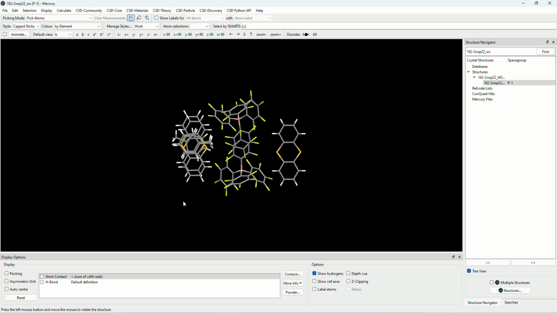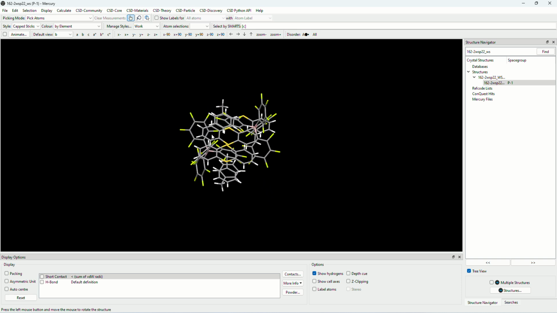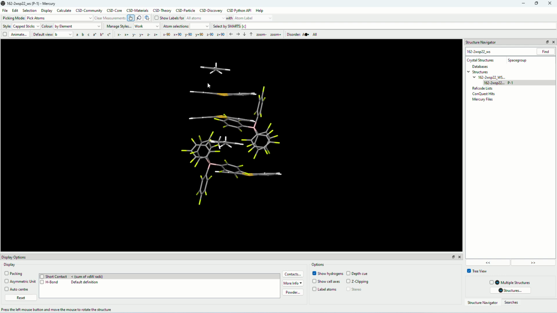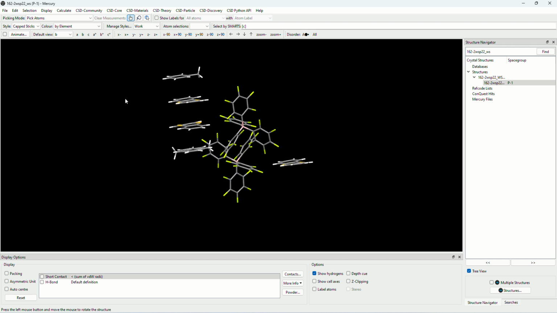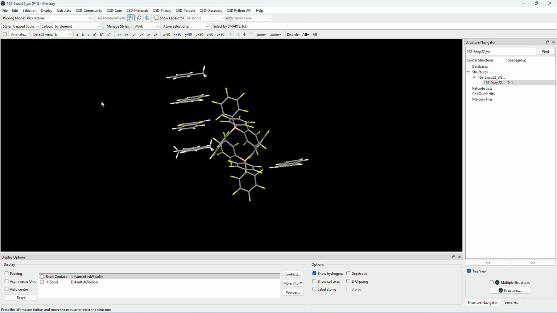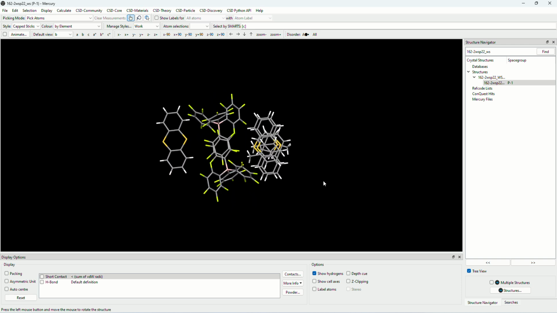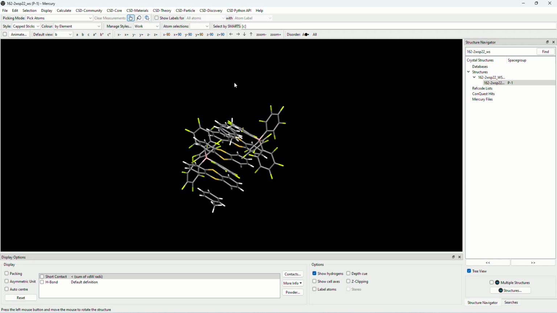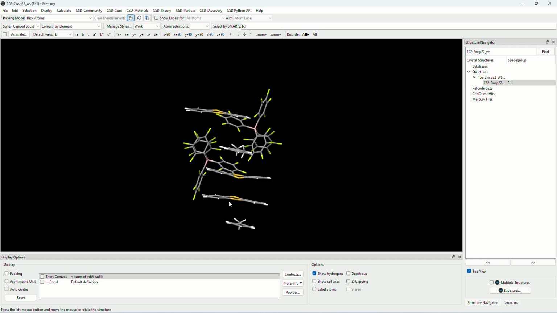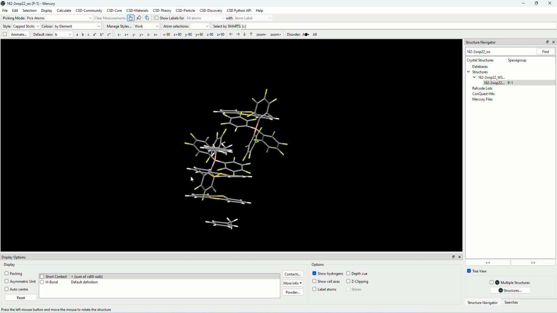These pi stacking interactions are probably related to the properties of the crystal. Even if you put crystals of that compound under high vacuum, it doesn't lose solvent that easily. And we can see that here the sulfur is pointing up, and here it's pointing down.